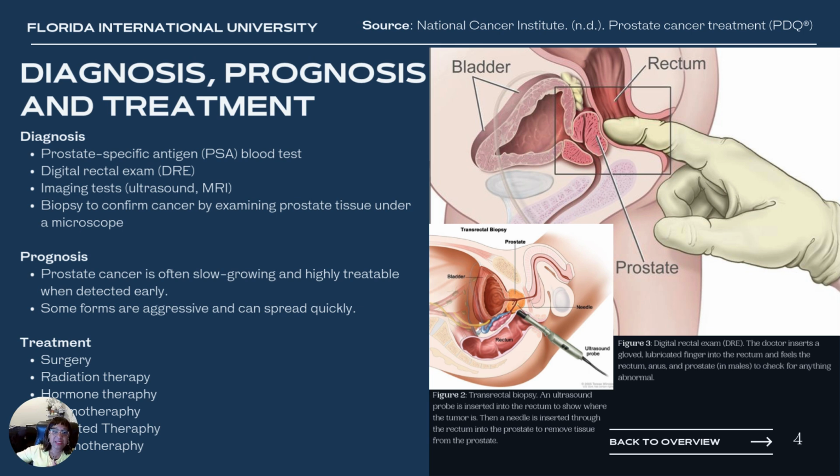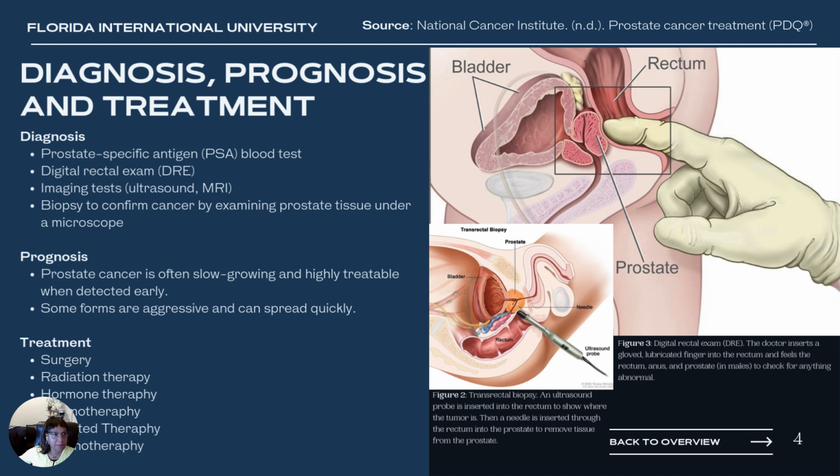Just the idea of going to get examined in that way is a huge stigma in the Caribbean, and so that is one of the greatest drawbacks, I would say the greatest cause of such a high prevalence of prostate cancer deaths in the Caribbean.